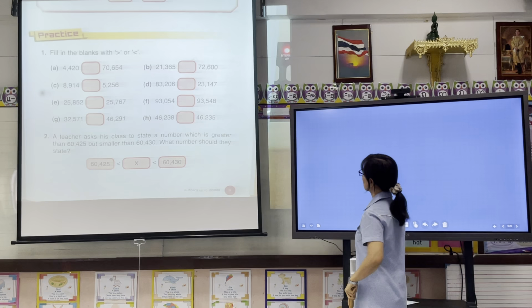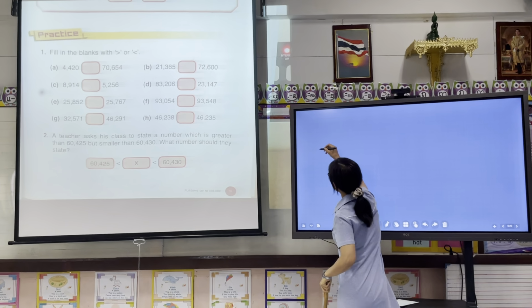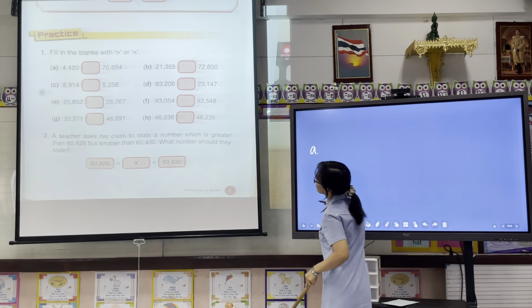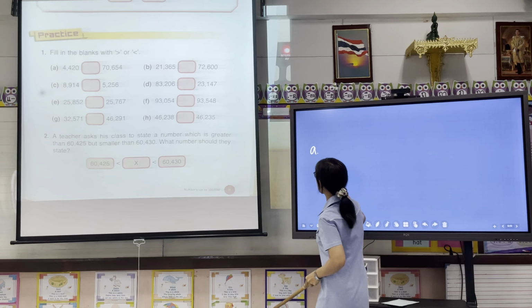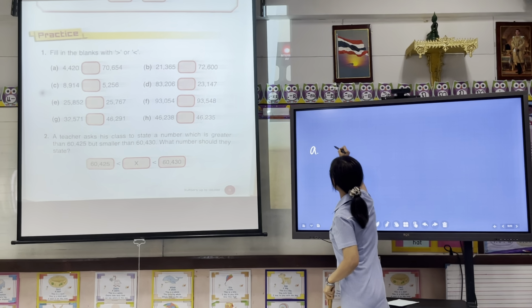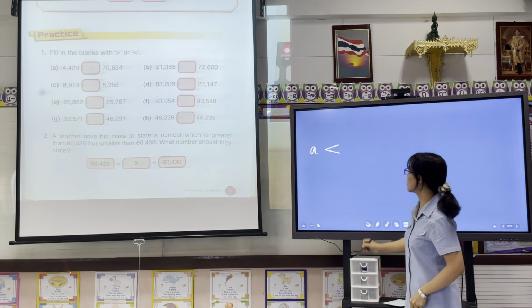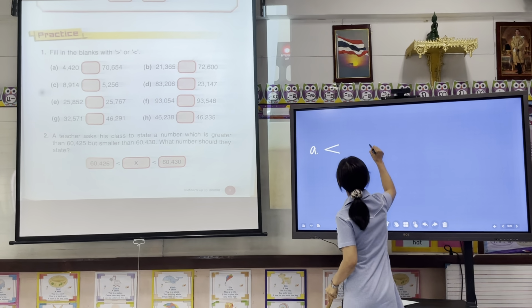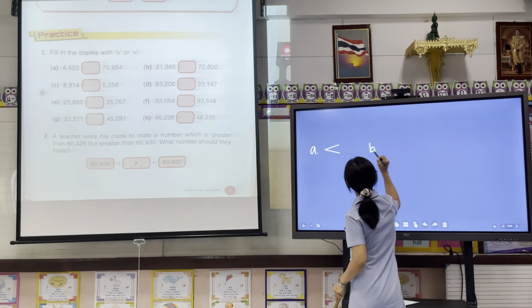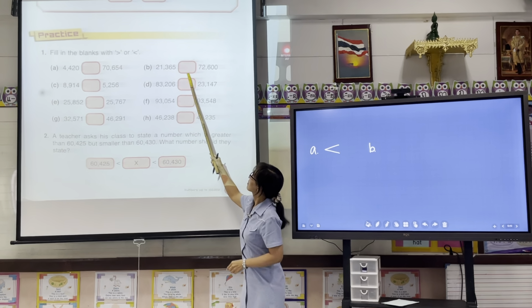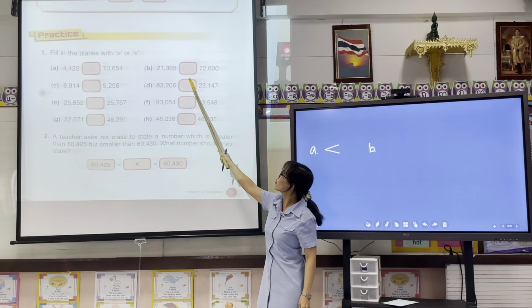Let me write it down here. So for letter A, our sign is smaller than. Alright? So please write it down there. Letter B, can you please tell me what is the correct sign?